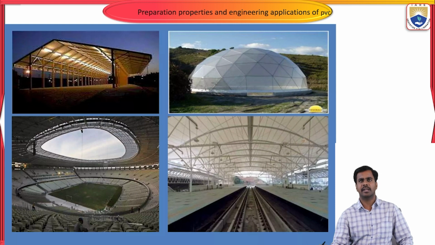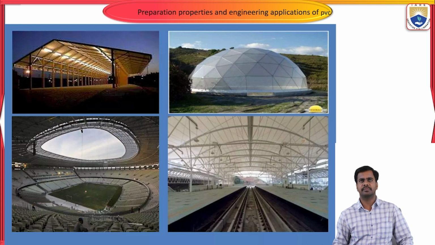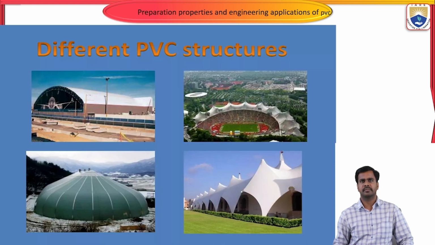These are different types of sheets which are made up of PVC. This is a nursery and this is the railway platforms and some stadiums. These are also some PVC structures.